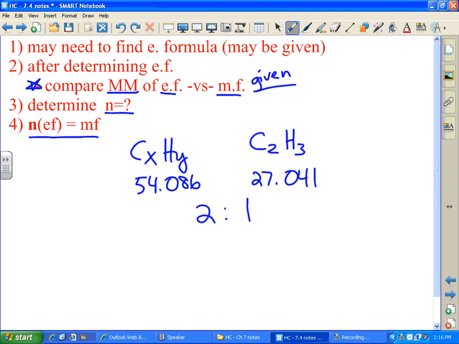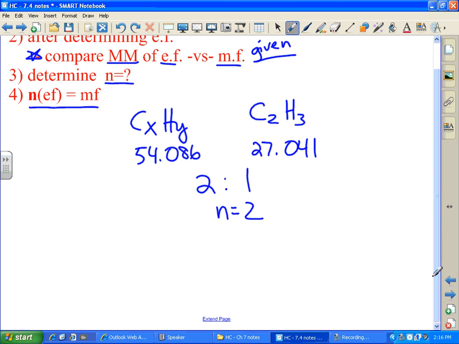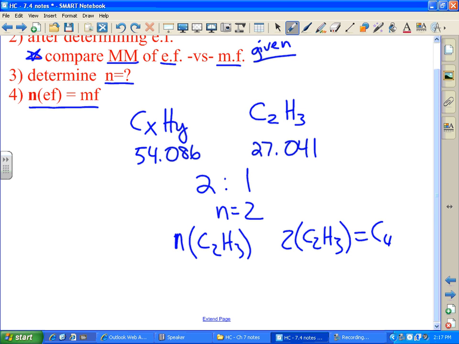So our molecular formula is twice as large as our empirical formula's molar mass. Therefore, if n equals 2, then we have 2 times that empirical formula, and we have a final molecular formula for this chemical of C4H6.